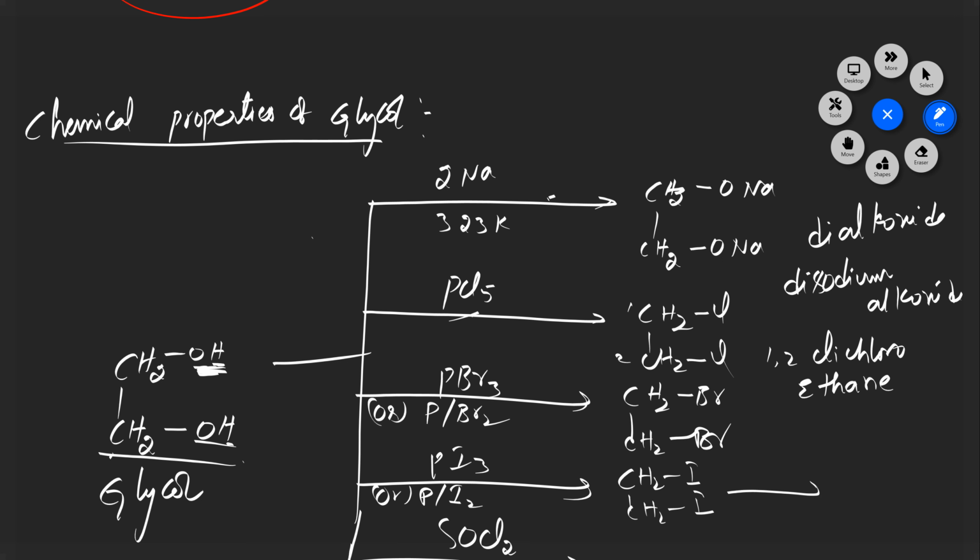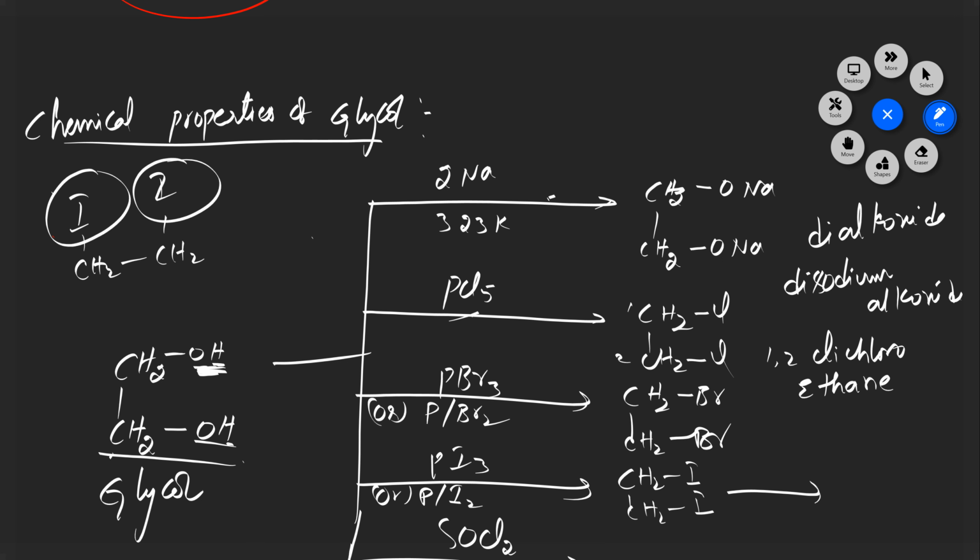Now if you observe this molecule, on the adjacent carbons there is a presence of big atoms. Iodine is present on two adjacent carbon atoms, CH2 and CH2.